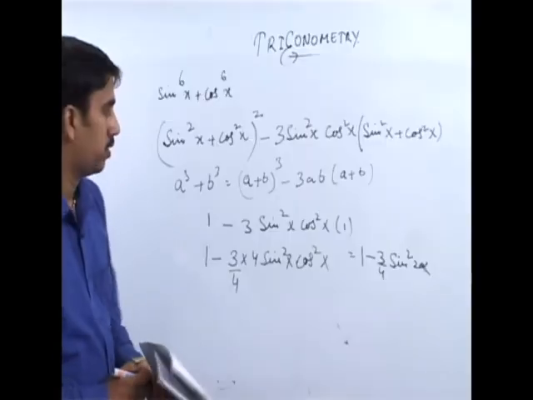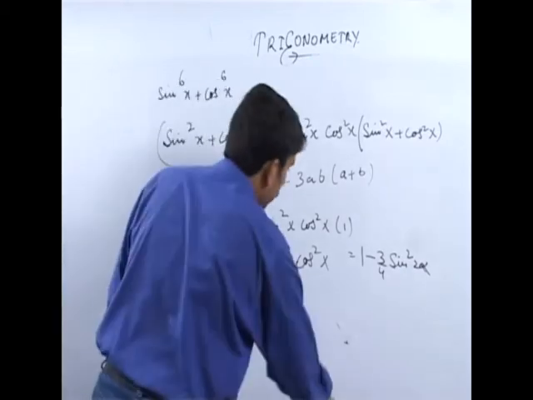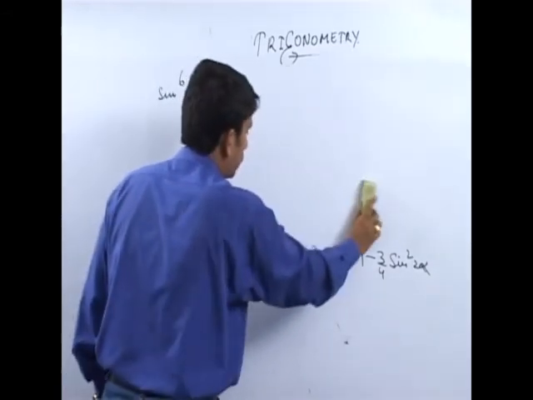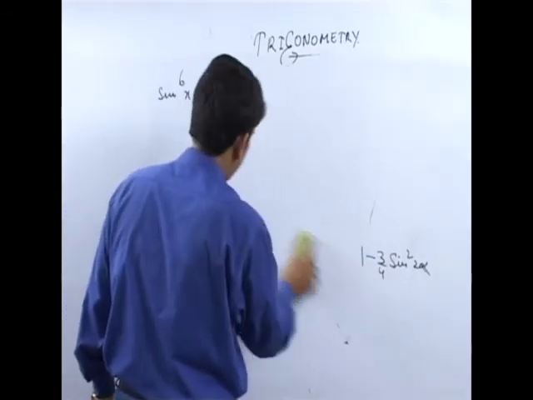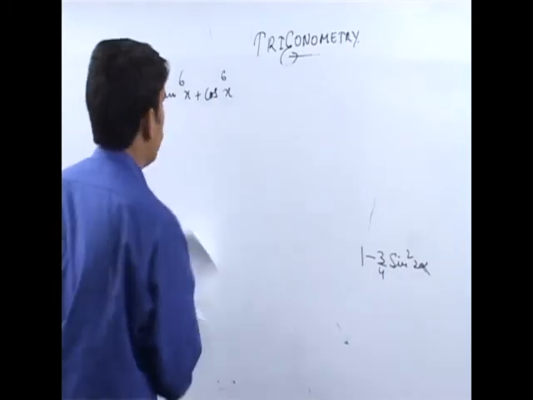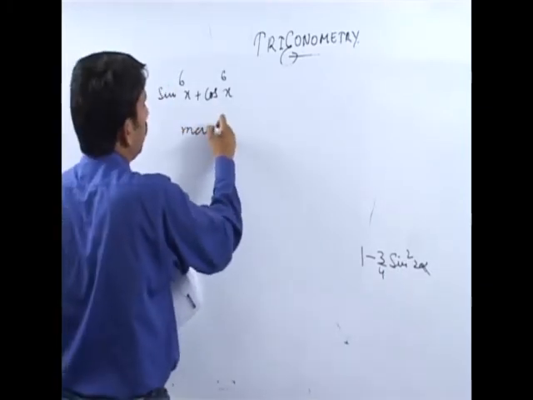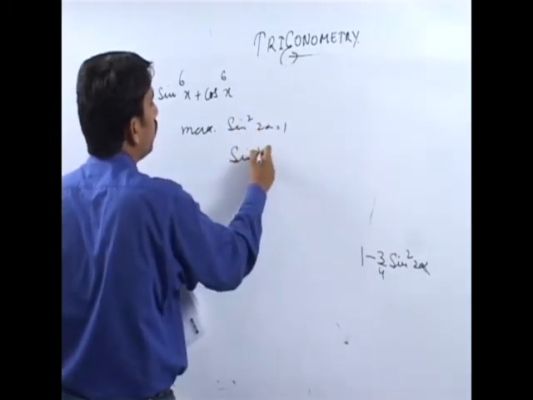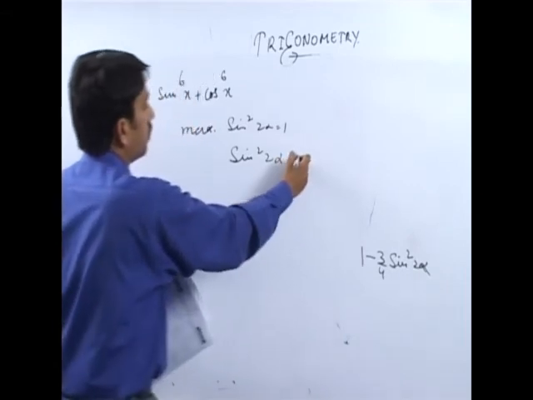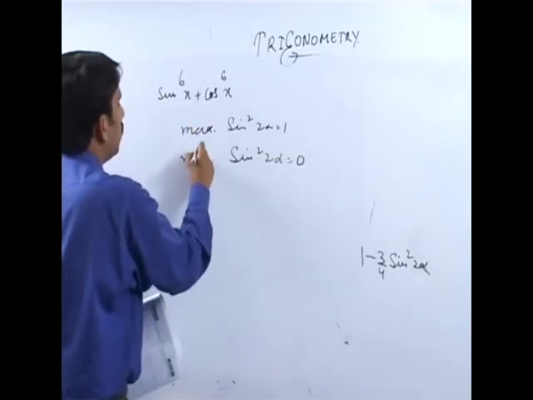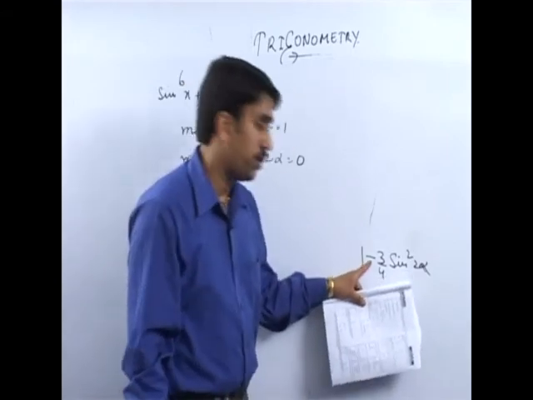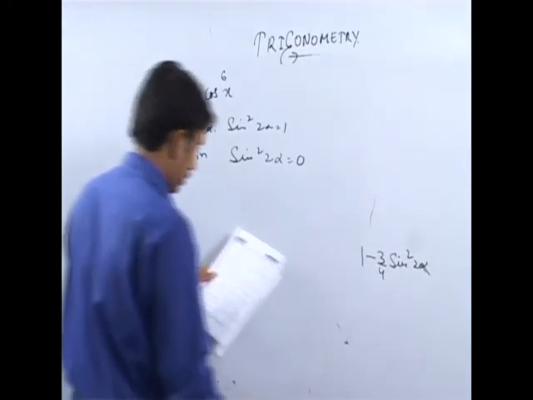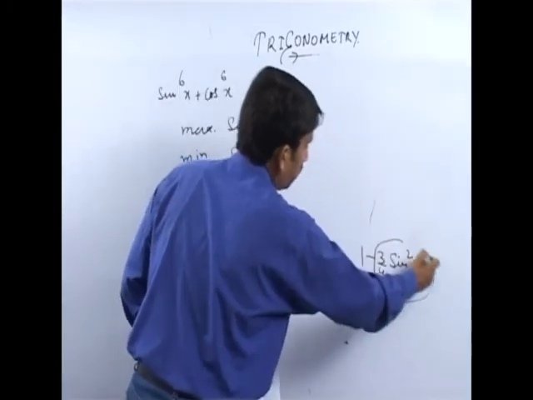Now we know, same as we had done in the earlier question, the maximum value and the minimum value for 1 minus 3 by 4 sin square 2 alpha. The maximum value for sin 2 alpha is equal to 1 and the minimum value is equal to 0. Now since this part is negative, if you have to find the minimum value, then this term should be maximum.